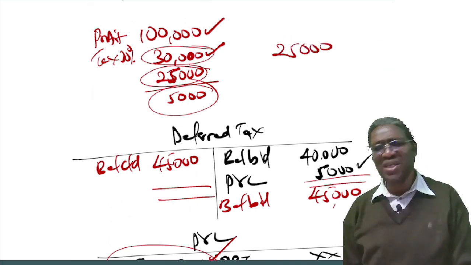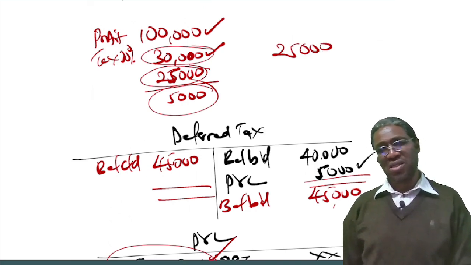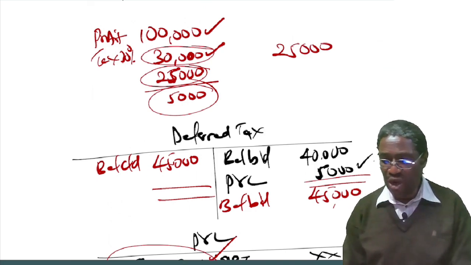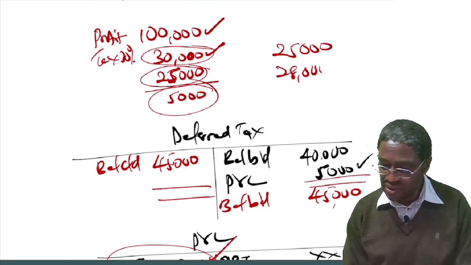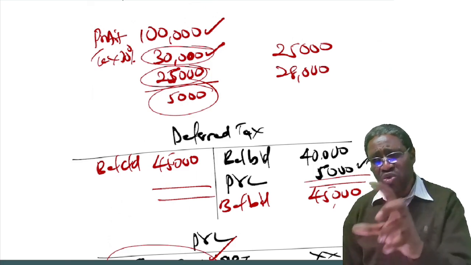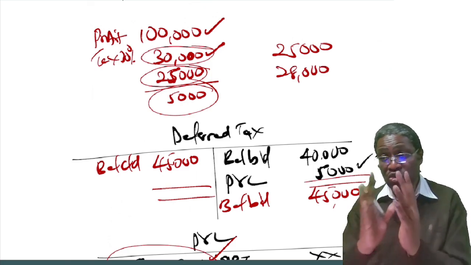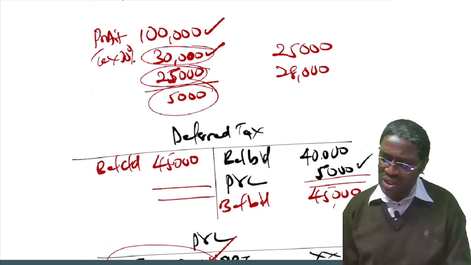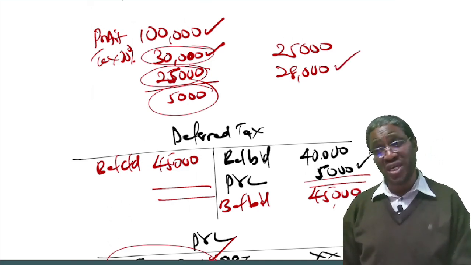But the taxman now calculates and says, you will not pay me 25, you will now pay me 28 in that other year. So while you thought you will pay 25 according to your accounting rules, according to the tax rules now, the taxman says you will pay him 28.